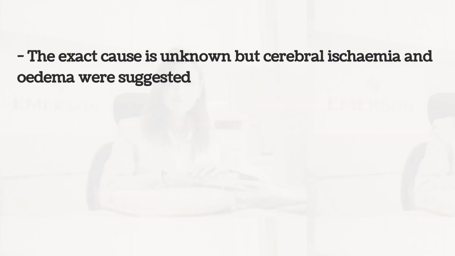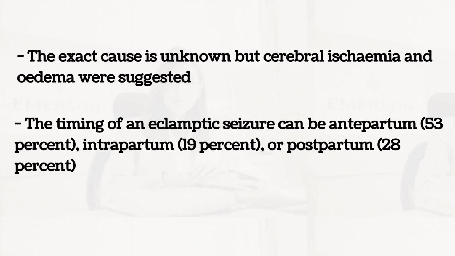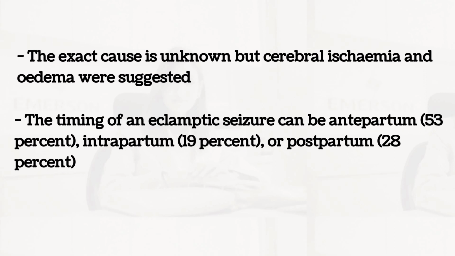The exact cause or etiology for eclampsia is unknown, but cerebral ischemia and edema have been suggested. The timing of an eclamptic seizure can be antepartum, being the highest at 53%, then intrapartum being the lowest at 19%, or postpartum being second from last at 28%. So these are the timings of eclamptic seizures, their occurrence.